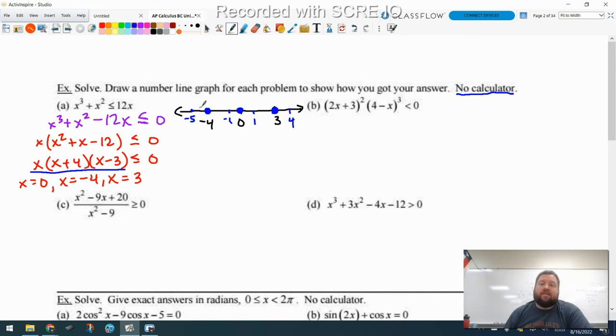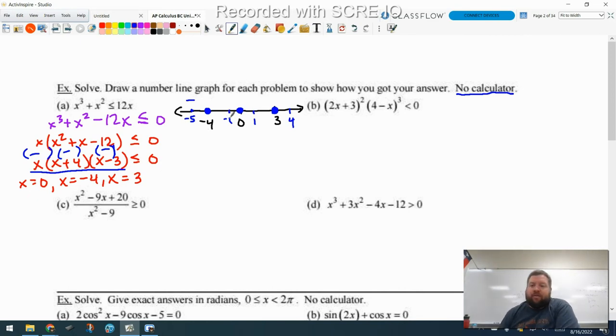You just care about the signs. If I plug in negative 5, I have a negative right there. Negative 5 plus 4 is a negative. Negative 5 minus 3 is a negative. So it's a negative times a negative times a negative, which would be a negative. If you have an odd number of negatives, it stays negative. If you have an even number of negatives, it's going to become positive.